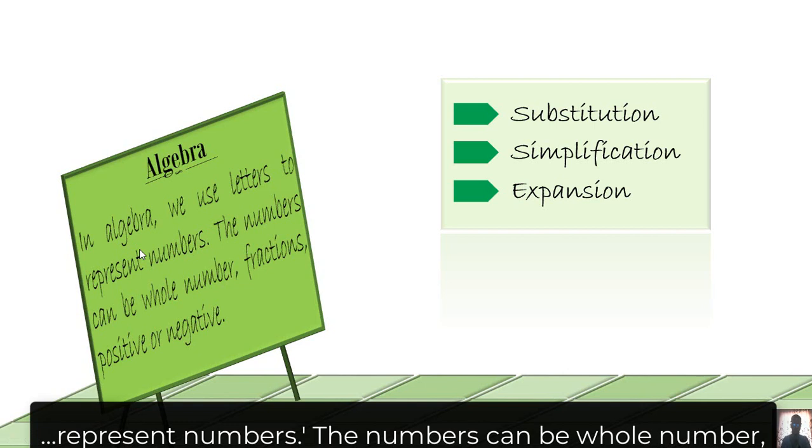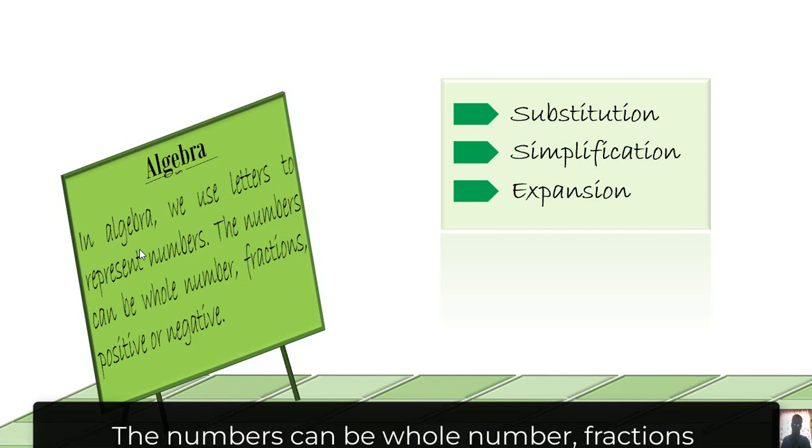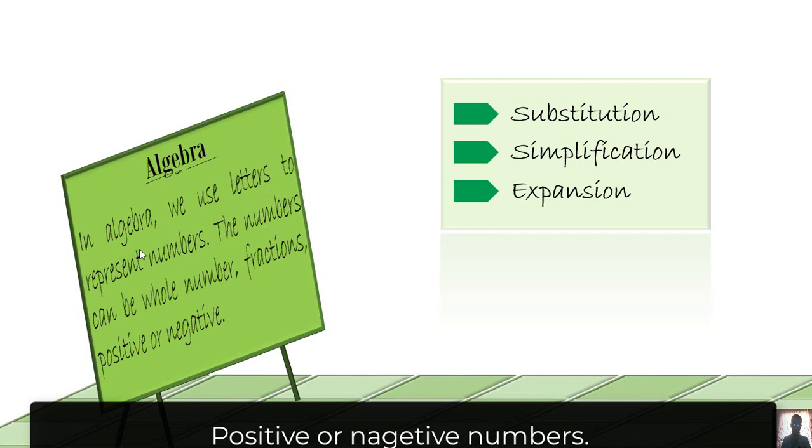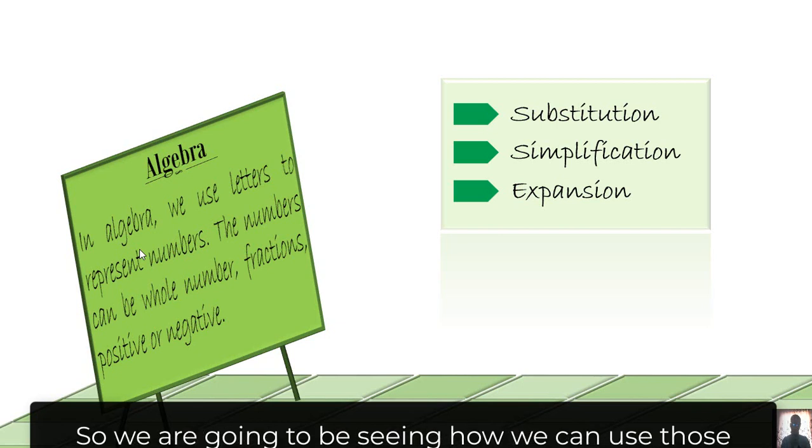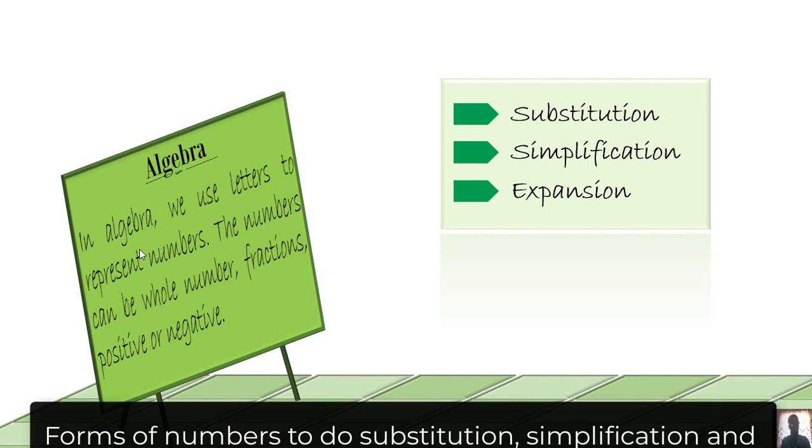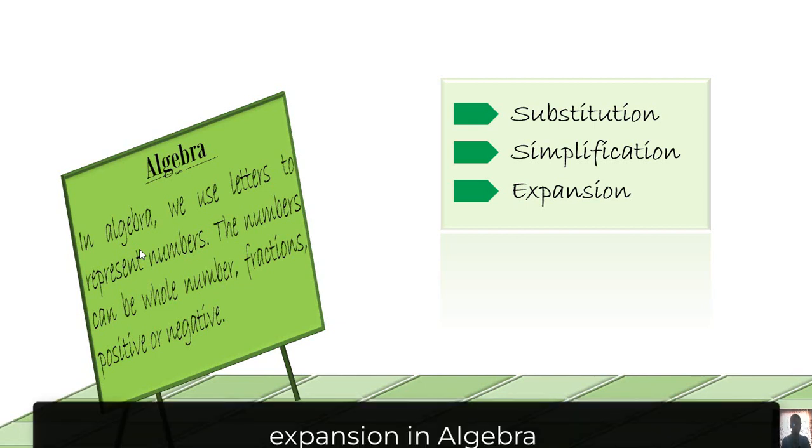The numbers can be whole numbers, fractions, positive or negative. We're going to be seeing how we can use all these forms of numbers to do substitution, simplification, and also expansion in algebra. So let's get started.